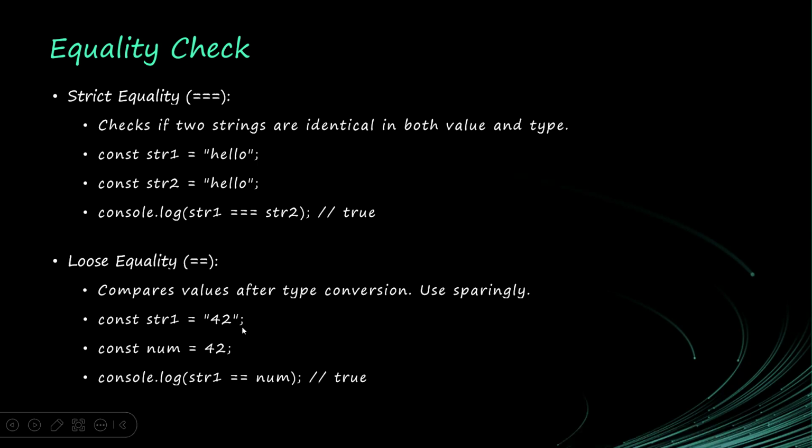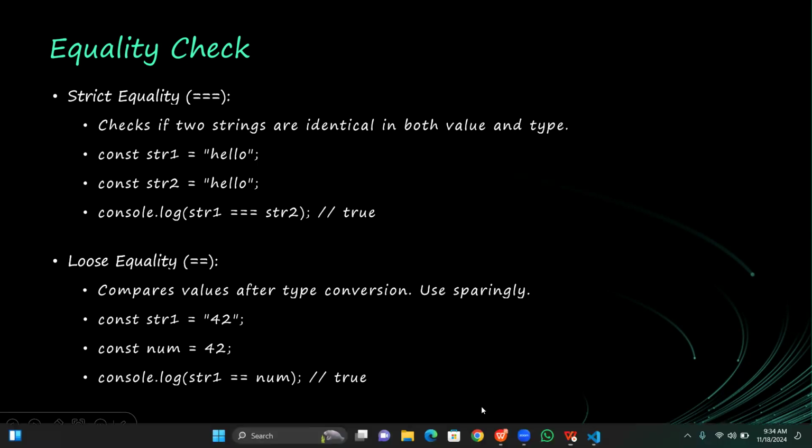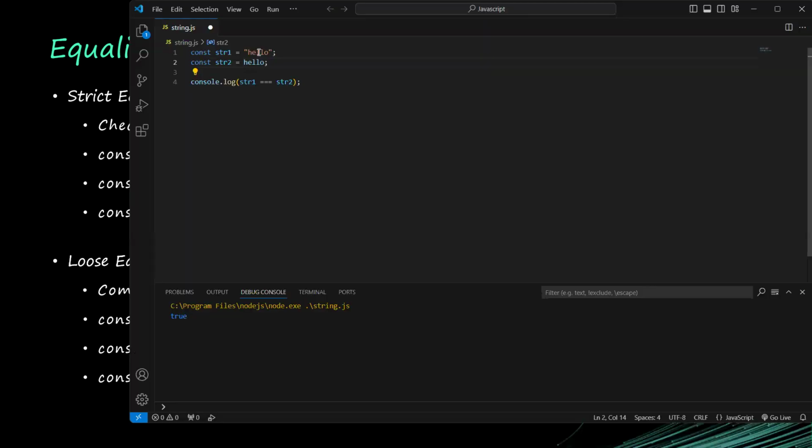Now we have something like 42 here and we have 42 here. Both of them seem to be the same. Let's say I have 42 here as a string and I also have 42 here as a number. If I do this comparison using the strict equality operator, it's going to give us false because the first one is a string type and the second one is a what?